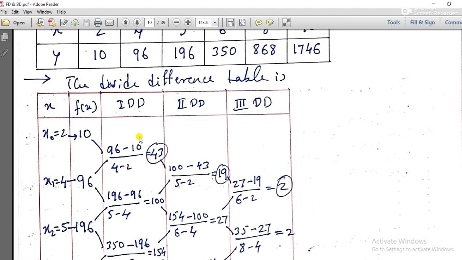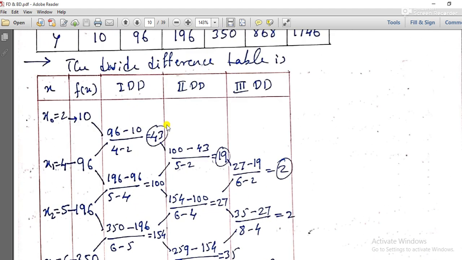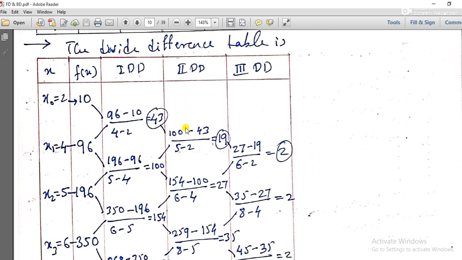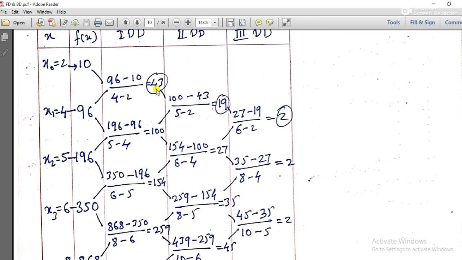These are the first divided difference values. The second divided difference is 100 minus 43 divided by 5 minus 2. For the second, you skip the middle value and take x2 minus x0, which is 5 minus 2.